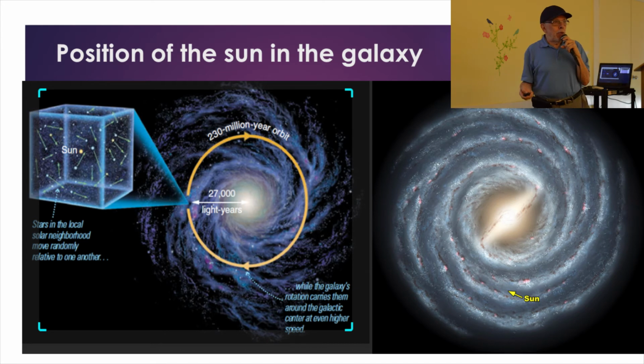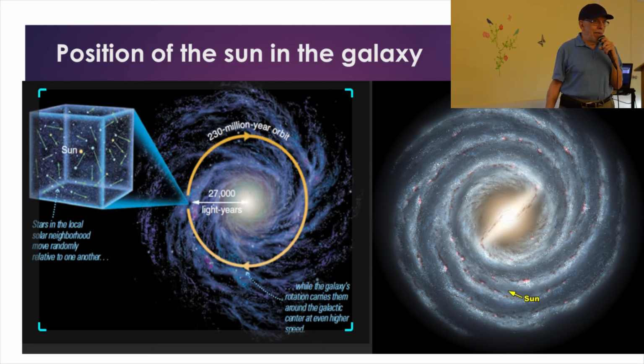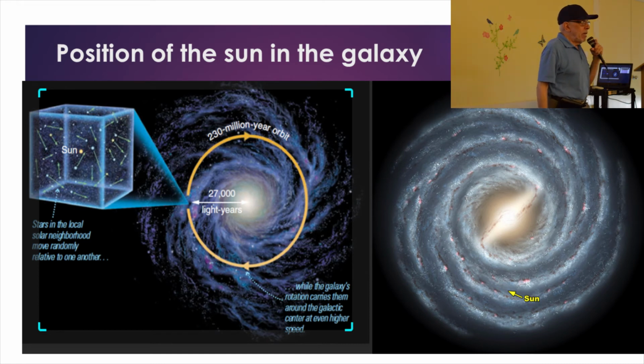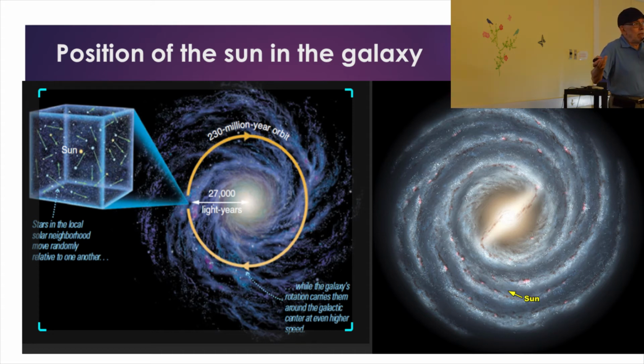There's more matter there than meets the eye, literally. And that's where the idea of dark matter came from. So we don't see the change in orbital speed that we would expect, or for example, that we see of the planets, the further out planets moving around the sun more slowly. It doesn't happen with the galaxy.